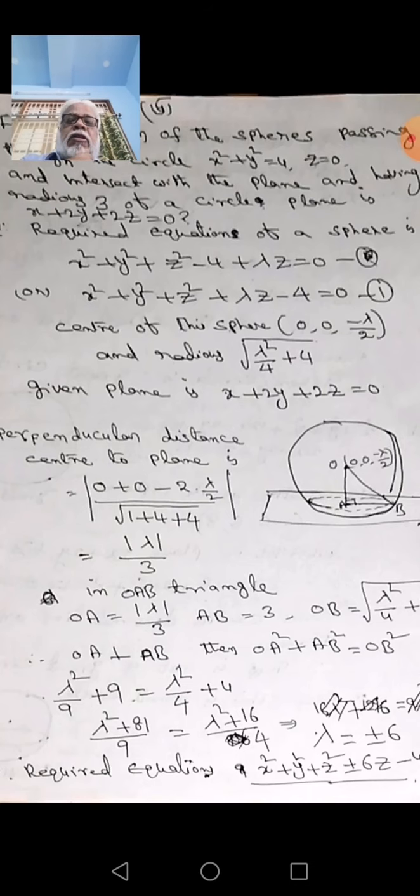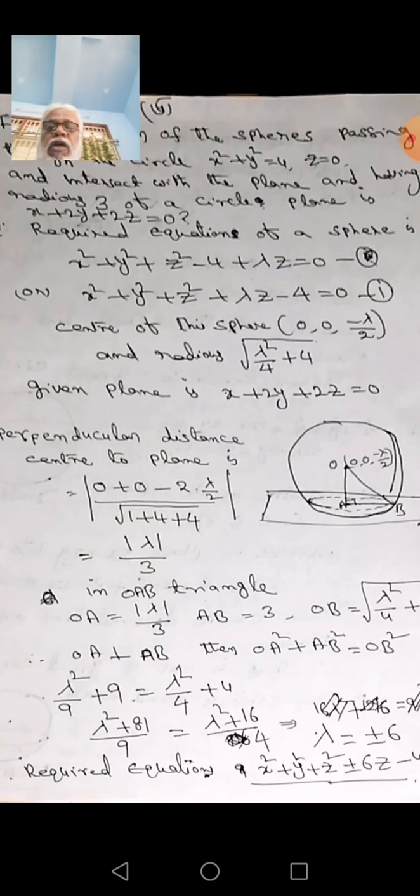Using that formula, the perpendicular distance from the center to the plane is 0 plus 0 minus 2 into lambda by 2 over under root of 1 plus 4 plus 4. The 2 cancels, so that is lambda by 3. This is the perpendicular distance from the center to the plane.